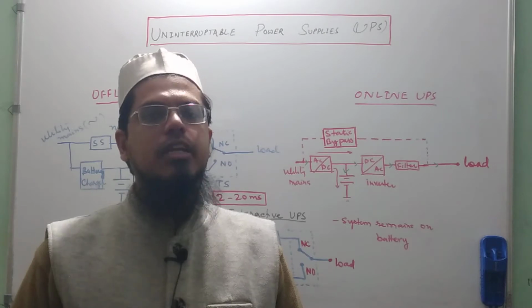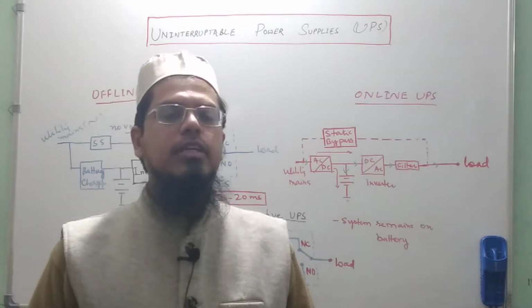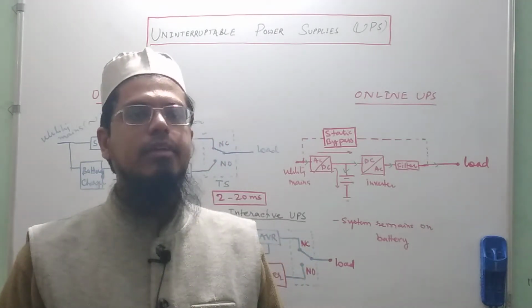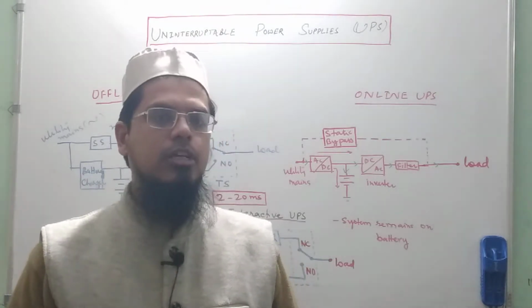We were discussing uninterrupted power supplies. I told you that for certain types of critical loads, we need to ensure that the power supply being provided to them is continuous in nature.